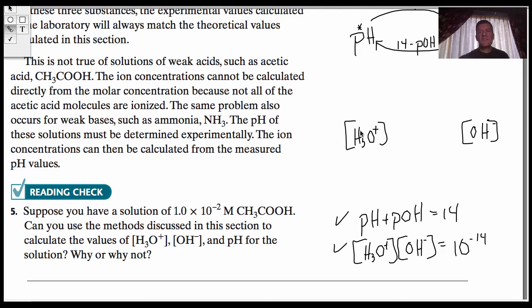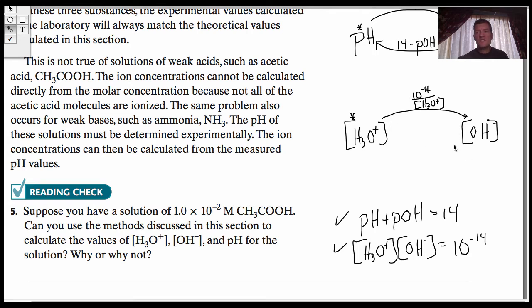Okay? Now, what if you were given the hydronium ion concentration and you want to find the hydroxide? Well, they multiply to give me 10 to the negative 14. So if I want to go from here to here, I would take 10 to the negative 14 and divide by the hydronium ion concentration. Okay? 10 to the negative 14 divided by hydronium would give me hydroxide.